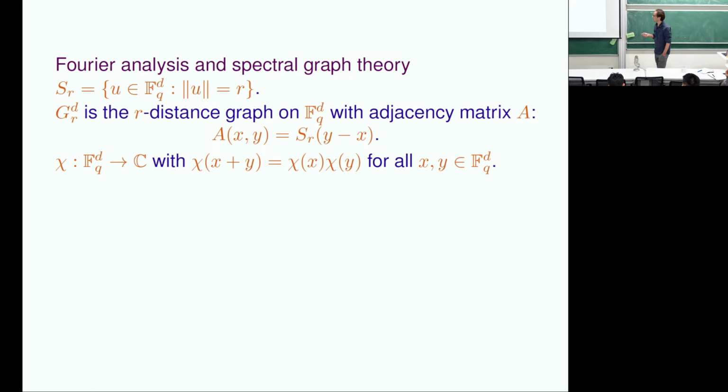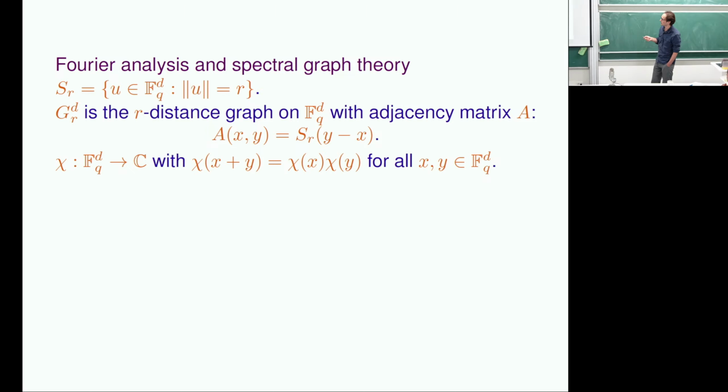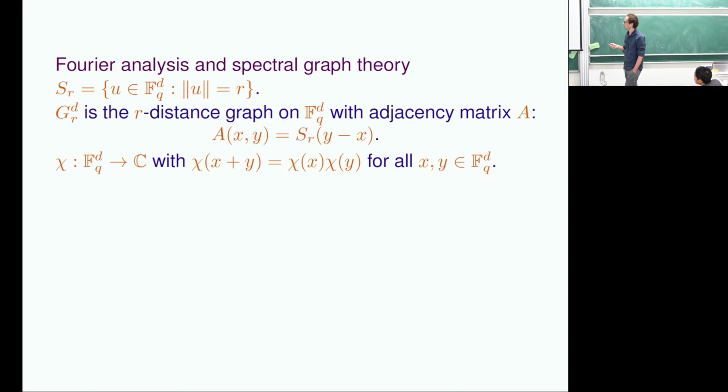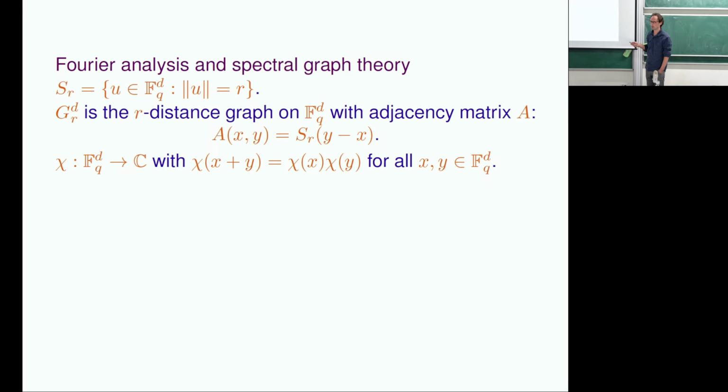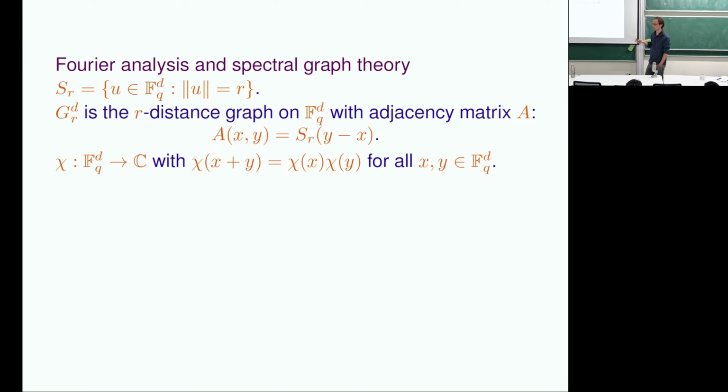Then we'll let chi be an additive character of Fq to the d. And there's a lot of useful things known about this. For example, if chi is the all ones vector, then it obeys the identity that it's required to obey. And that's the trivial character.